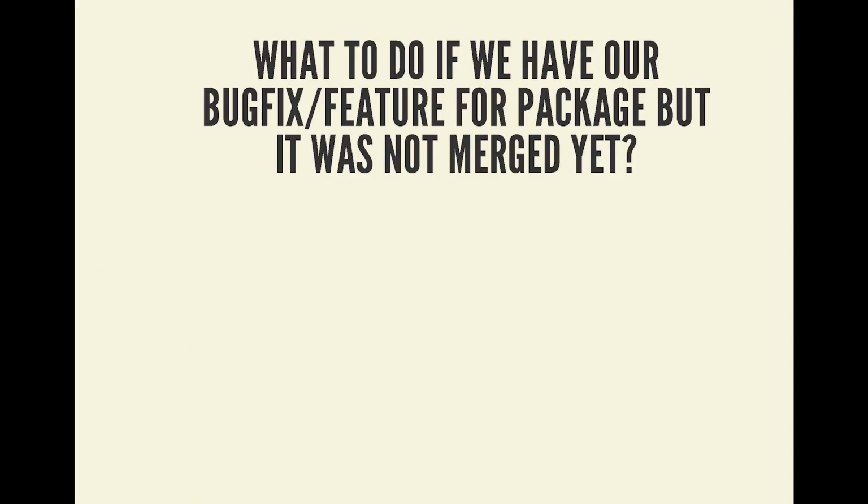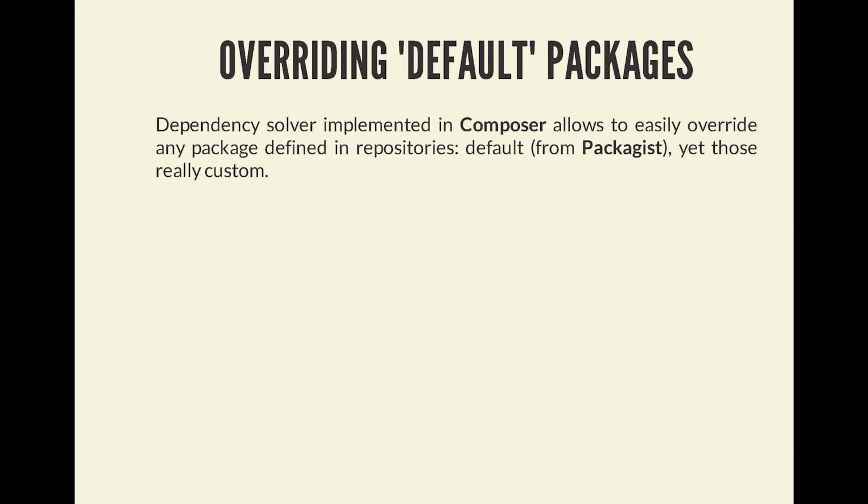If you have problems with some package, you create some bug fix, some feature, yet you are still waiting for it to be merged, let's say, with Symfony 2, you fix a bug with the form component, you are waiting for it to merge, yet if you use it in your projects, you can simply override default packages.